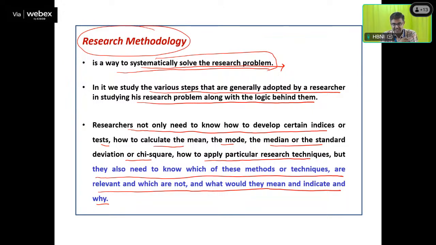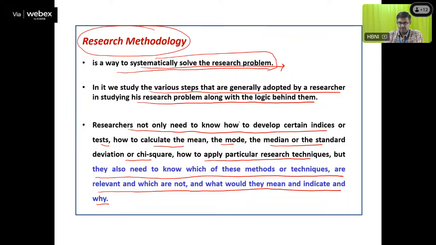Now, how you will achieve your objective will depend on how best you adopt the research methodology with the help of research methods. So the methods or techniques are research methods, but which technique to use and how to logically explain the data, that is research methodology.